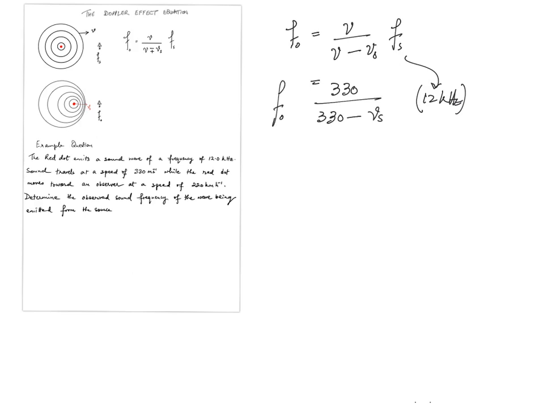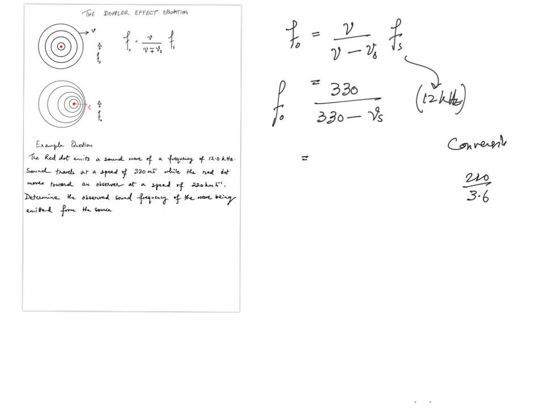Now I wrote vs because I know that this particular speed is not 220, because 220 is kilometers an hour. So I need to do a little conversion here.